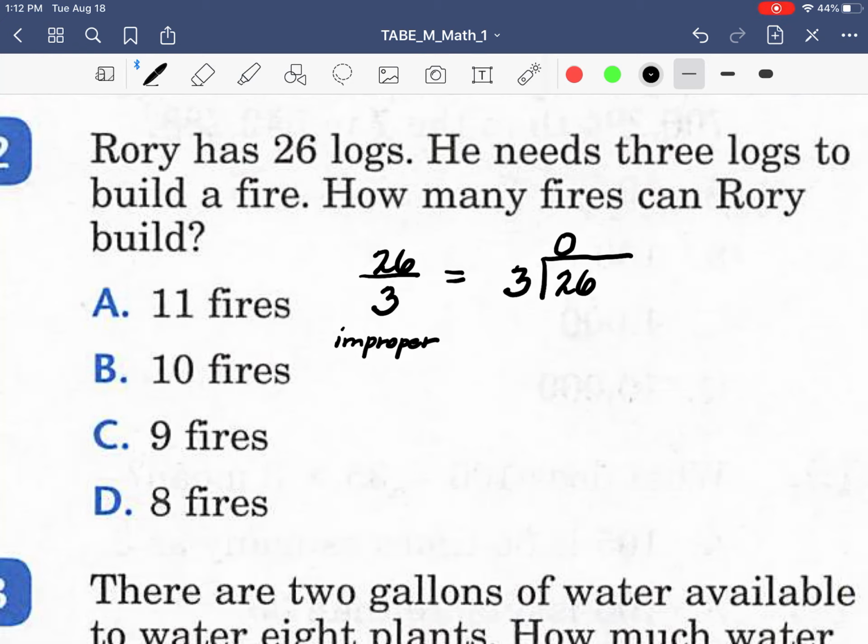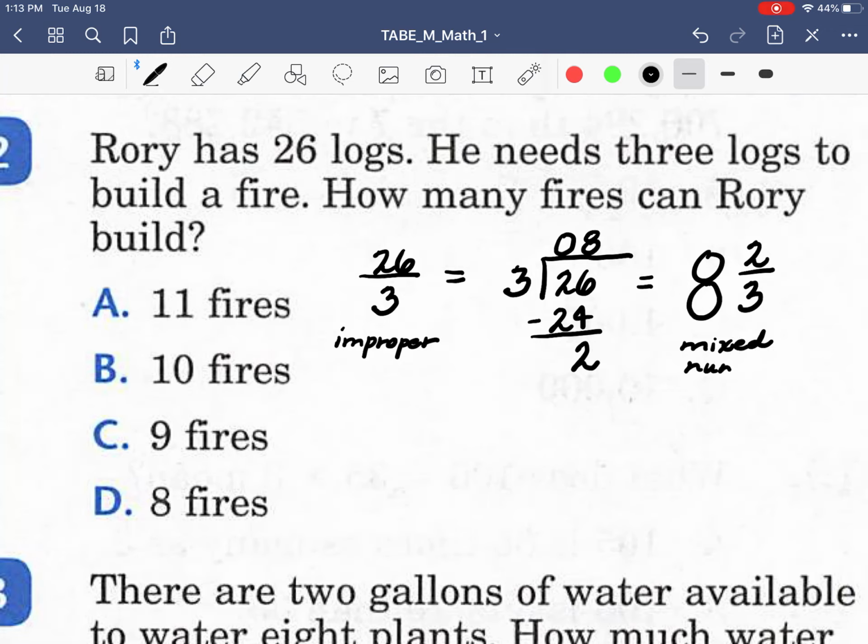3 cannot go into 2, but I'm going to count by threes. 3, 6, 9, 12, 15, 18, 21, 24, 27. 27 is too big, so let's back off to the 8th finger and use 24. So this is going to be 8 and 2 thirds.